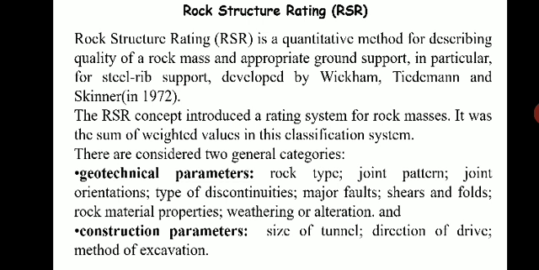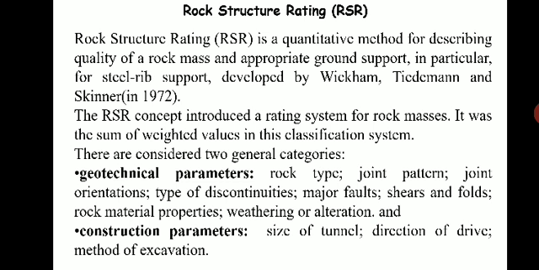Then the type of discontinuities which are present in the rocks, then major faults if they are present, shears and folds, okay, then rock material properties, weathering or alteration in the rock. So all these come under geotechnical parameters.